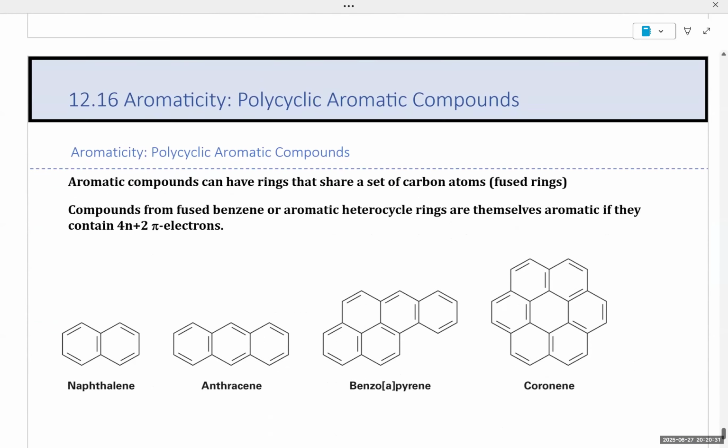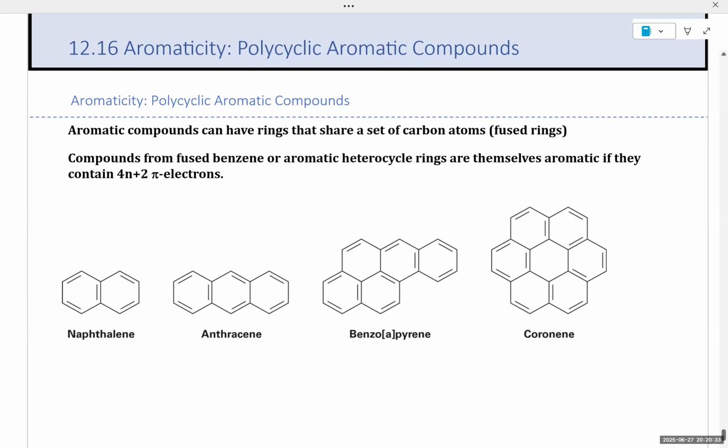One last thing that we have to talk about in terms of aromaticity is this idea of polycyclic aromatic compounds. Polycyclic aromatic compounds are aromatic compounds that have rings that share a set number of carbon atoms. These are known as fused rings. Compounds from fused benzene or aromatic heterocyclic rings are themselves aromatic if they contain 4n plus 2 pi electrons.